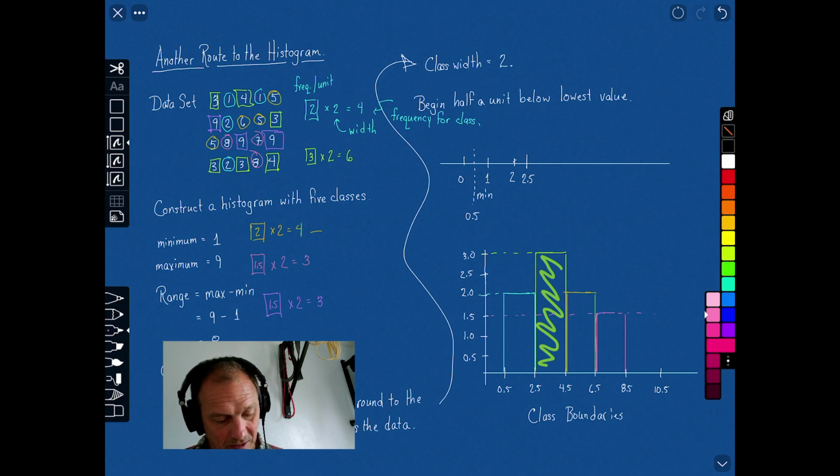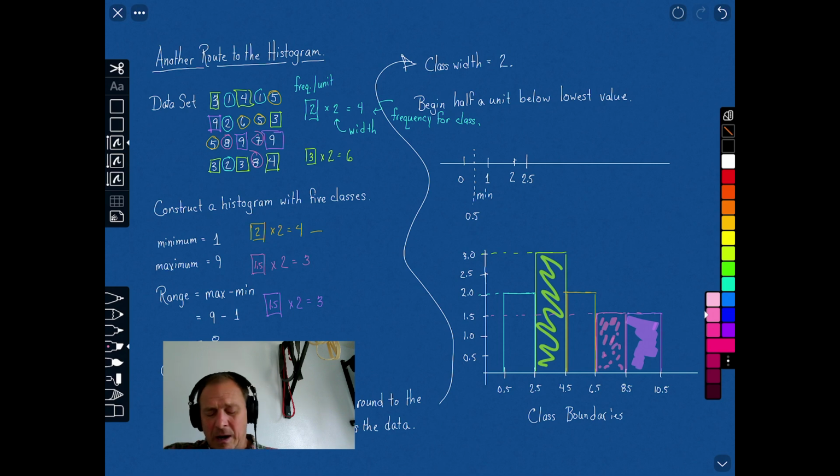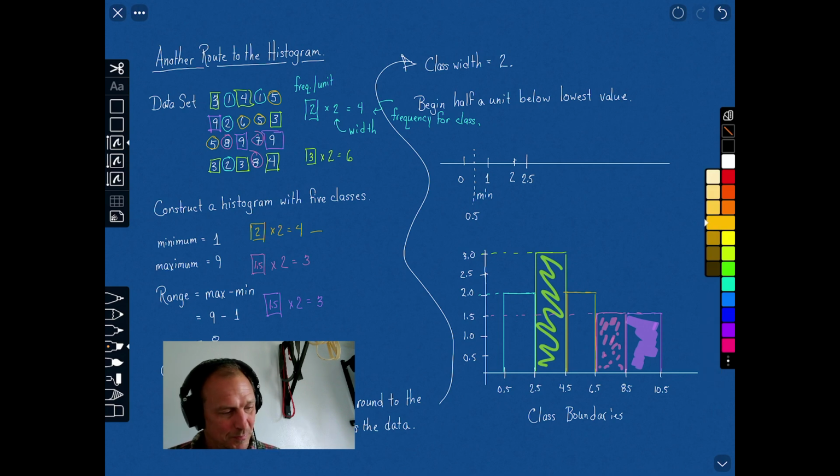The idea is that they're continuous. And our purple group is also 1.5. There we go. Excuse me. And got my yellow, my orangey group here.